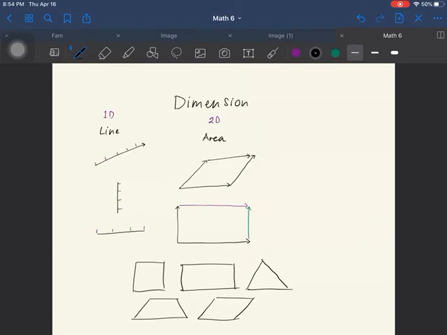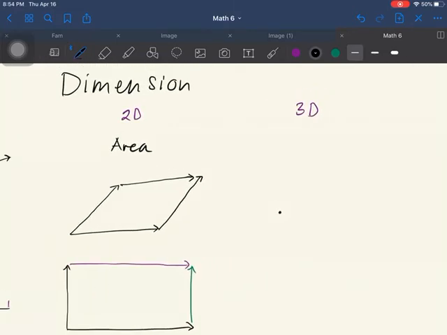So that's a 2D. And when we talk about 3D, well, that's going to be three measurements. So say for example, we are going to begin from that point, and this is going to be one dimension. This is going to be the second dimension. And that's going to be your third dimension. What do we mean by that? So this line here, we can write it here.